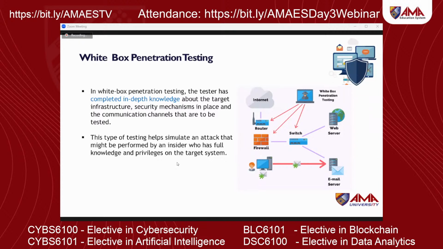So they are knowledgeable about the target infrastructure like the routers, firewalls, and switches of the companies. So alam nila yung mga communication channels and like that. So this type of testing helps simulate an attack that might be performed by an insider who has full knowledge and privileges on the target system.